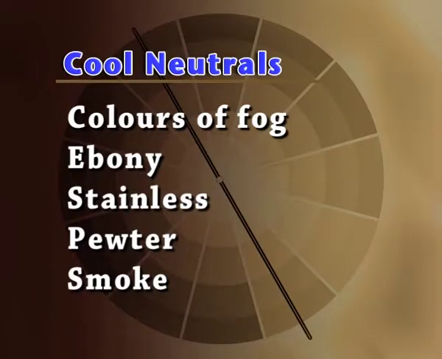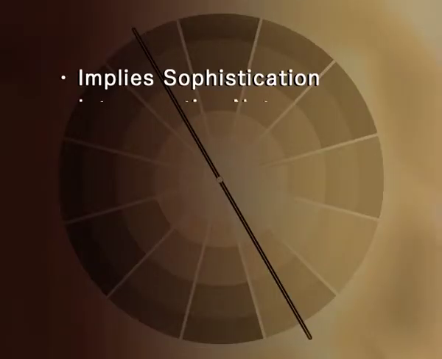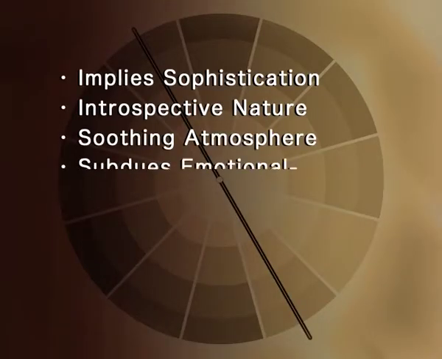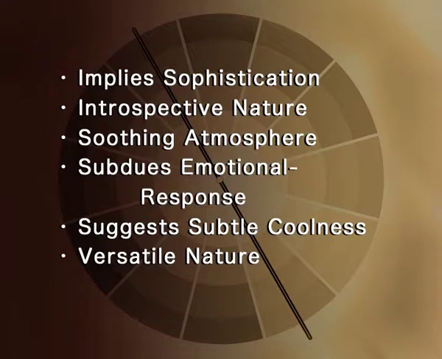These hues include colors of fog, ebony, stainless, pewter, smoke, ash, chrome, white, frost, grey and charcoal, etc. And they have a feeling of subtly receding away from the viewer. It implies sophistication, an introspective nature, a soothing atmosphere, subdues emotional response, suggests subtle coolness and is versatile in nature.